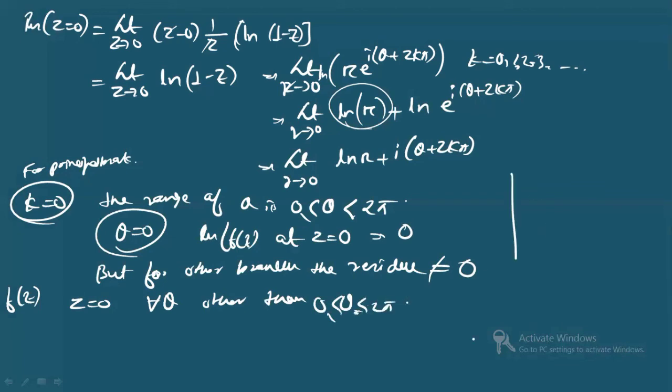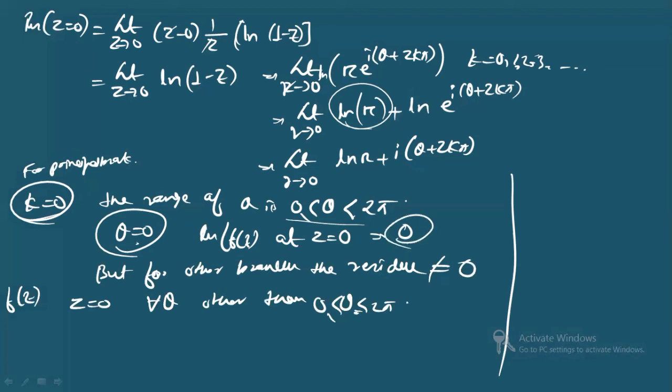If you are not understanding, I'm repeating it once again. If you consider the principal branch, for which k equals 0, the range of theta is greater than or equal to 0, but less than 2 pi. Now if you take the value of theta to be 0, and you see the residue of the function at z equals 0, you will get the residue to be 0.